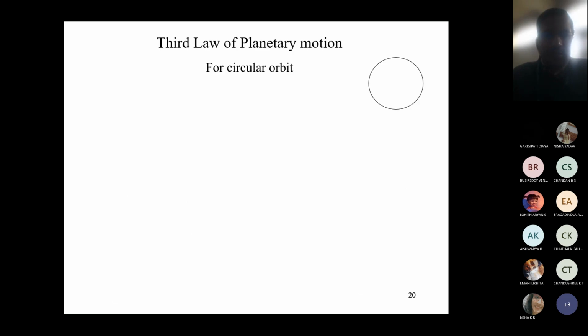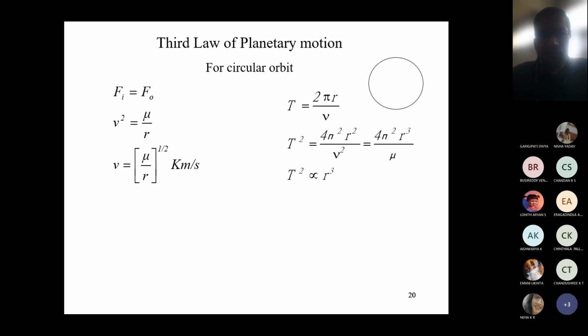With solving, we derive the expression of velocity at which any particular object is moving in a particular orbit, and that orbit is having a radius r. Further, we also considered circular orbit.